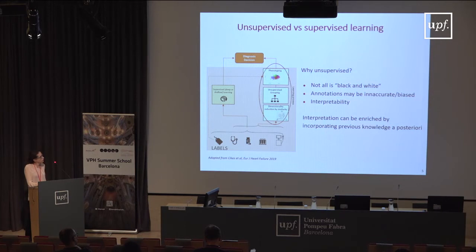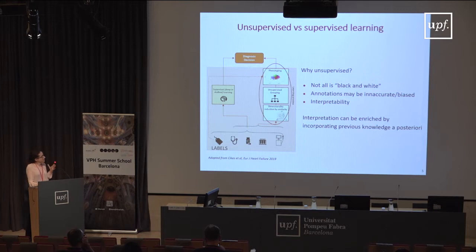Okay? And besides, as I said before, diseases are usually complex, so just the typical classification into healthy and disease would not really reflect the complexity of the data. So because of all of this, we opt for unsupervised learning, where we are free of the constraints imposed by labeling, which are sometimes wrong or not precise enough, or biased or not representative enough of the variability in the population. It is instead dictated by patient similarity. Okay?